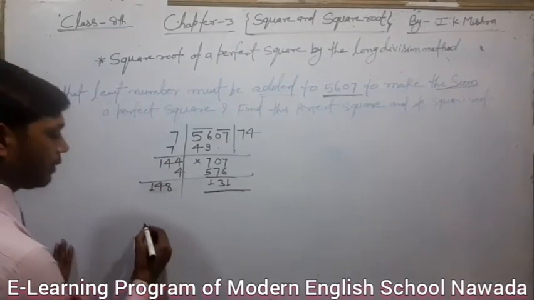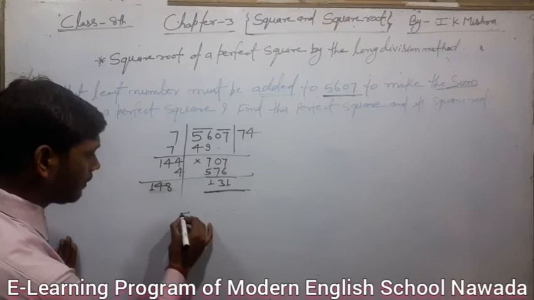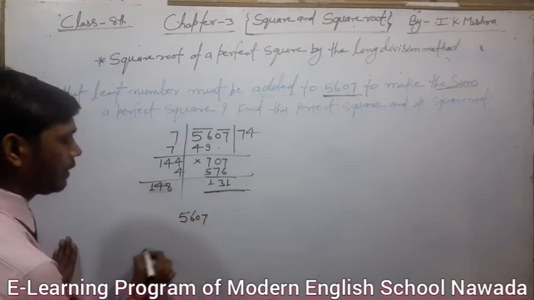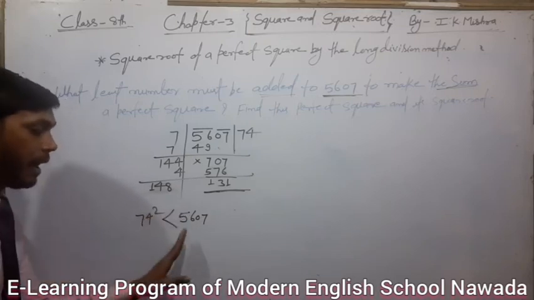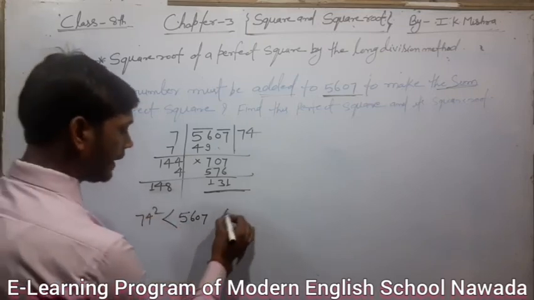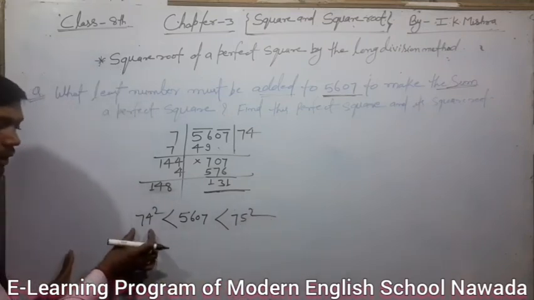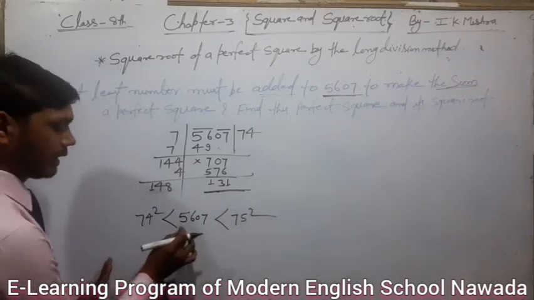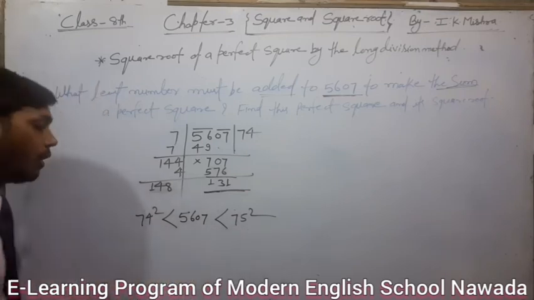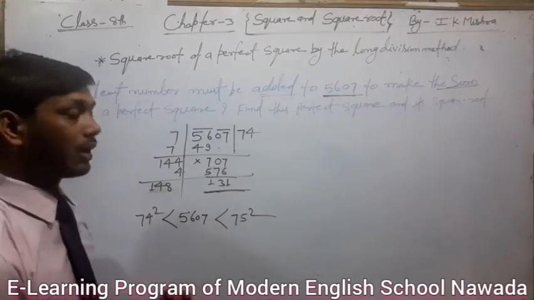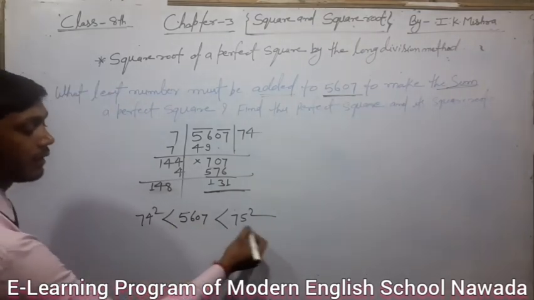So we have to find here, write 5607 is greater than 74 square and it is less than 75 square. So we have to find the required number, that means the number which is added to get 75 square.